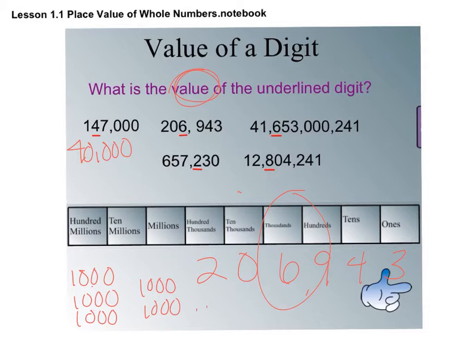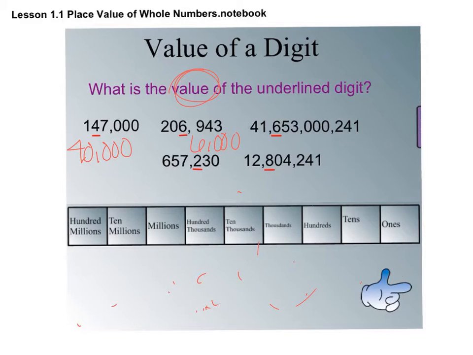When we consider the value of that, we've got 1, 2, 3, 4, 5, 6,000 is the value. See the difference here? We're not just saying what place value something is, but what is the value of that number when it's there? What is its worth? Let's look at the next one.